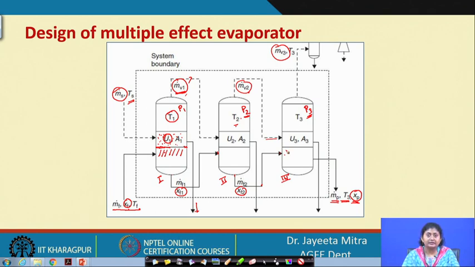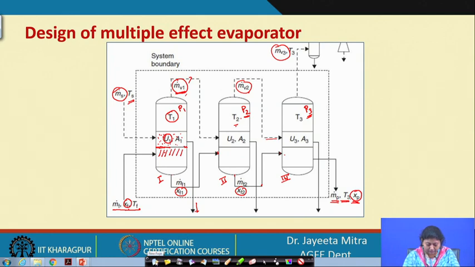In most cases the design criterion for the iteration that we perform is that when these areas are close to each other, within a variation of 10%, we shall stop further iteration. That will be our final design of the multiple effect evaporator.